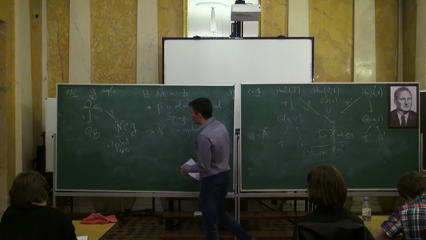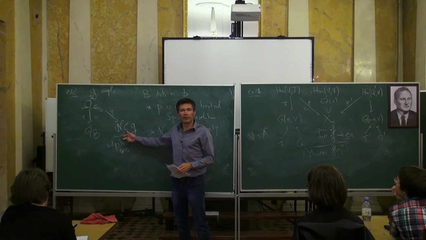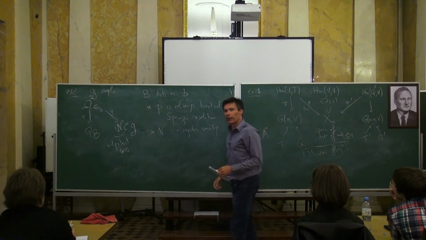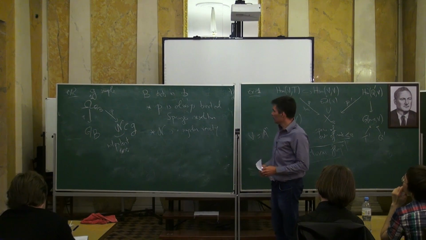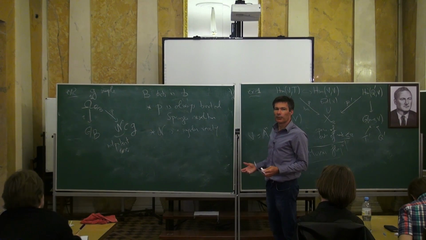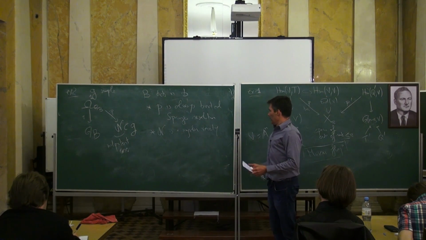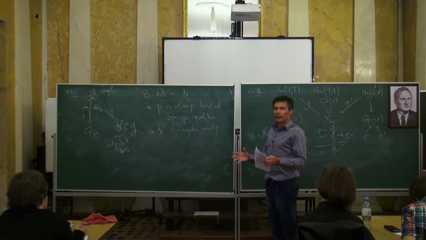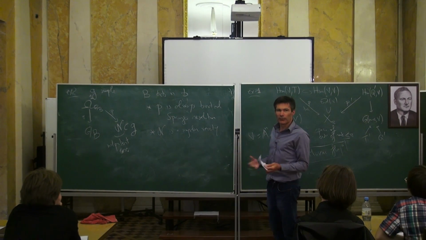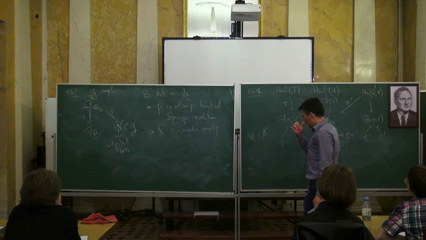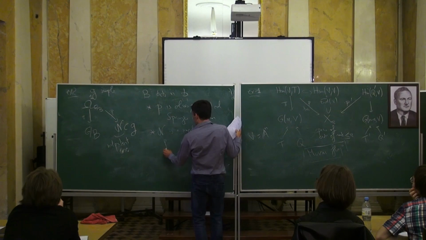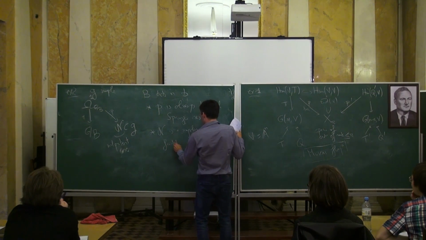Of course it is stable under G, and there is this nice property that there are only finitely many orbits. You know that for GLN, nilpotent matrices are described by the sizes of their Jordan blocks, and the sizes of the Jordan blocks are just integers. So they are classified by partitions. So there are finitely many orbits.